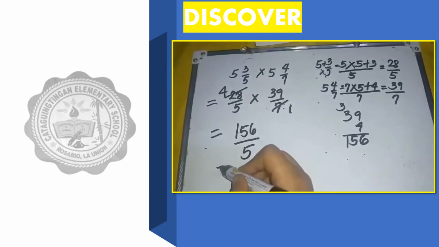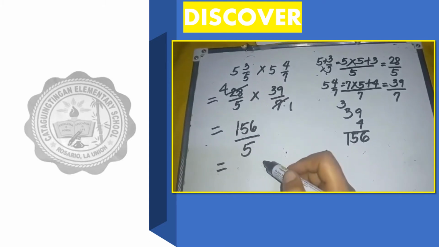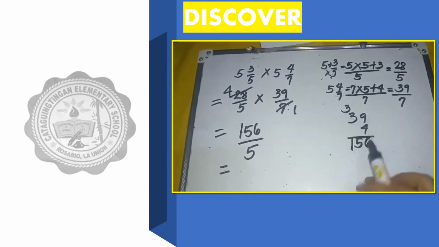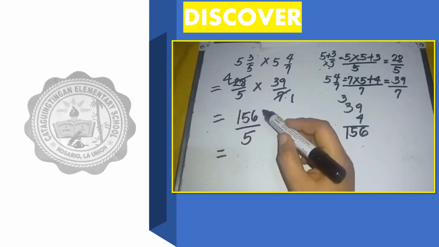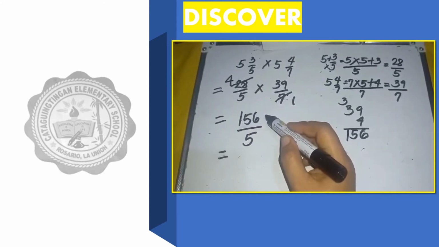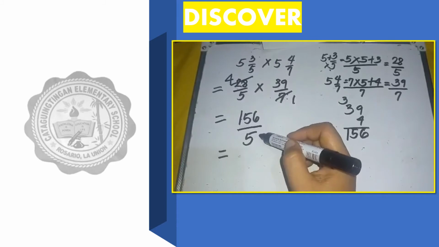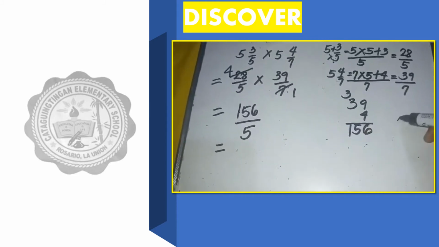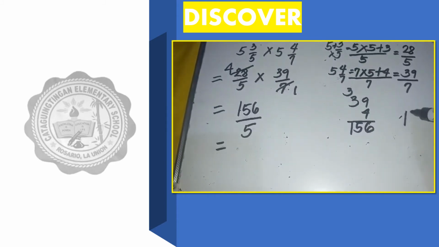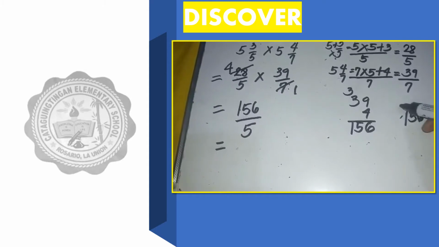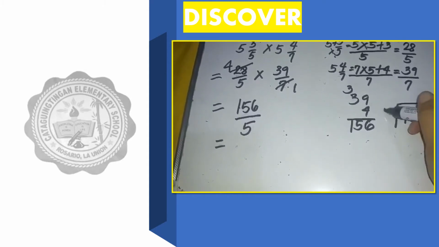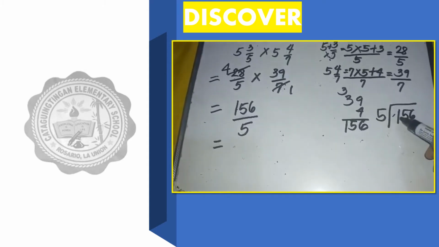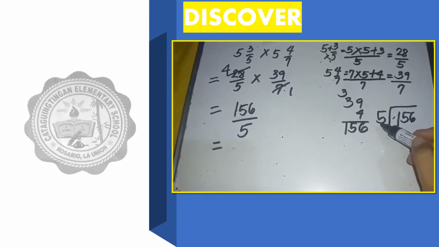Ngayon naman, isi-simplify natin or i-reduce. So, since mas malaki yung numerator, mas maliit yung denominator, isi-simplify natin by dividing 156 divided by 5. 1 divided by 5 cannot be.